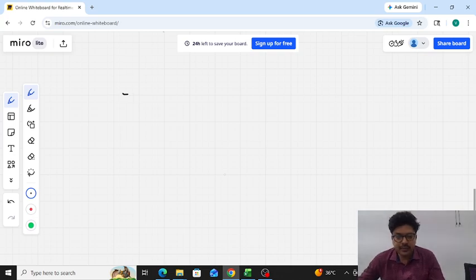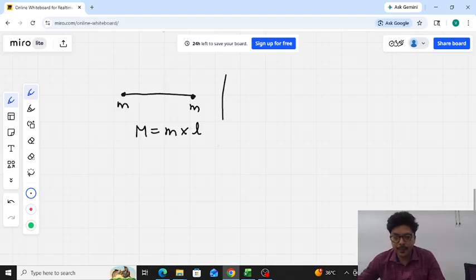There is one steel wire with pole strength M at each end. So the magnetic dipole moment will be M into L. Now this is bent like this, so this one is L by 2 and this one is L by 2. Now what will be this distance? This distance will be how much?